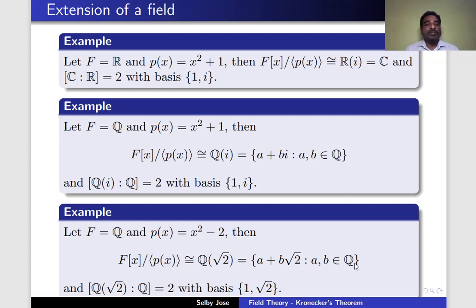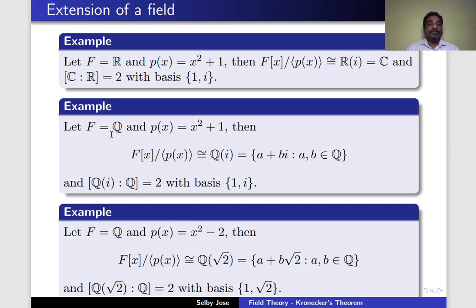So F[x] mod the ideal generated by p(x) is isomorphic to R(i), and which is the same as C, because R(i) is the same as a plus ib, where a and b are in R, which is the same as the set C. And because p(x) has degree 2, the number of basis elements of C over R is 2, therefore the degree of extension C over R is equal to 2.